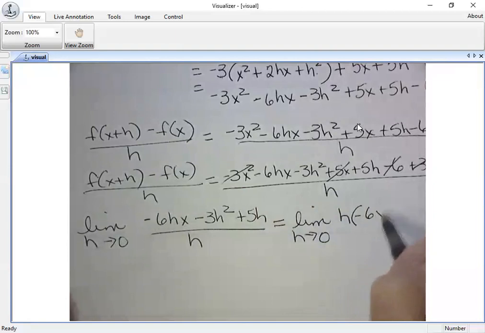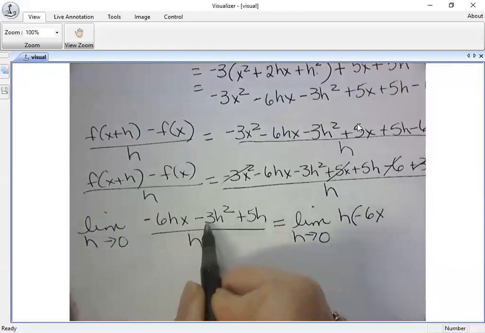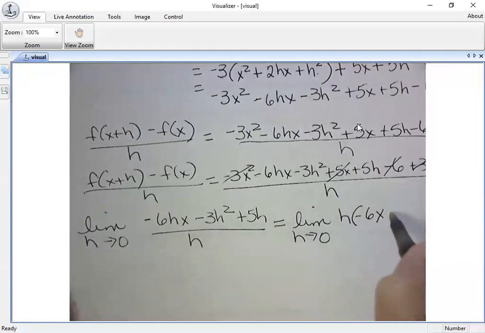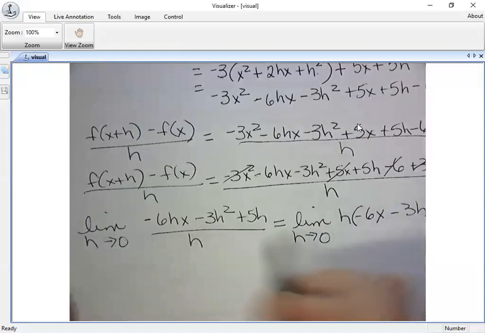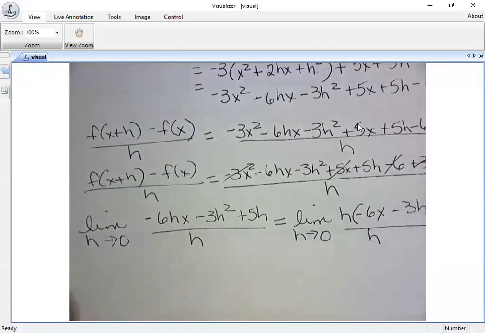Negative 6x, what would be here? Well, wouldn't it be minus 3h, because the h times the h is where the h squared comes from, plus 5 over h on bottom, right?